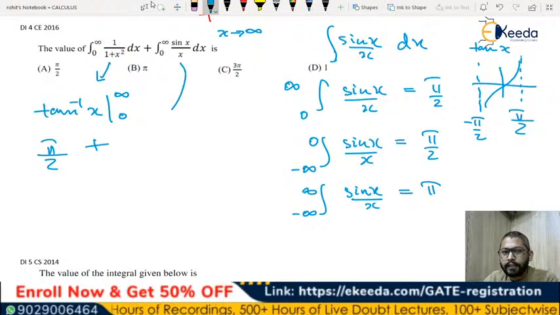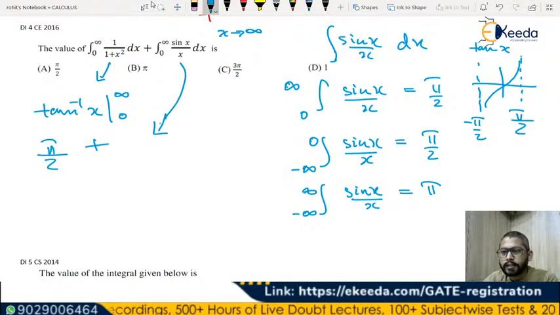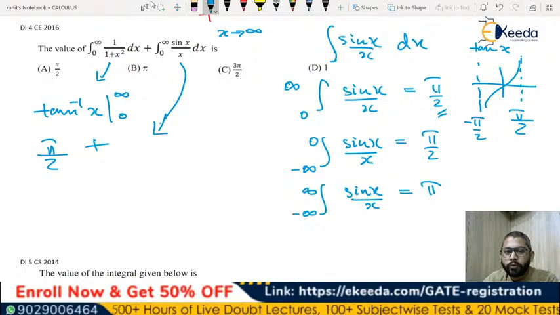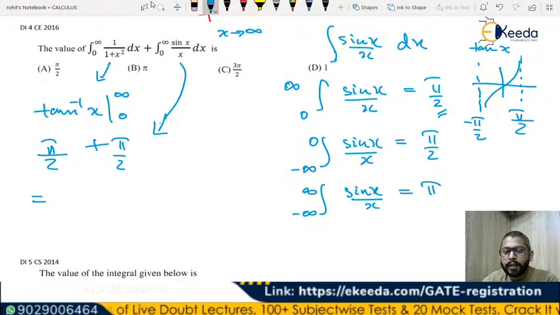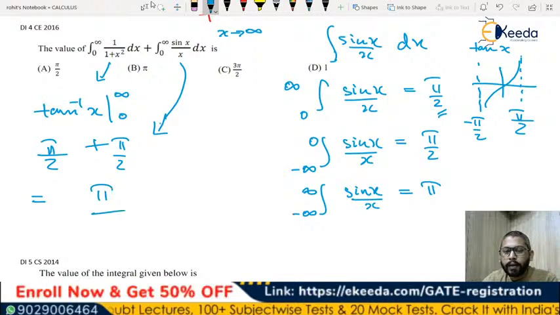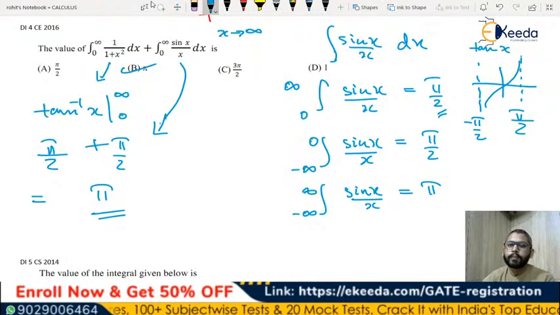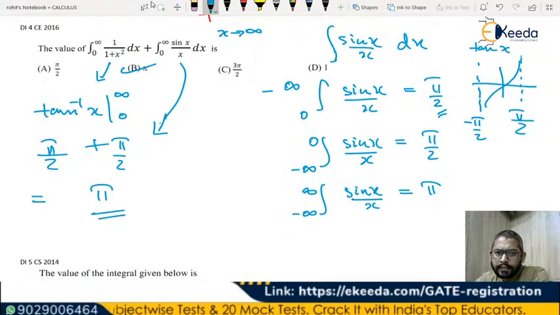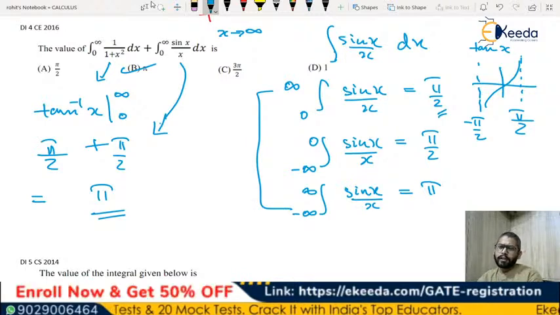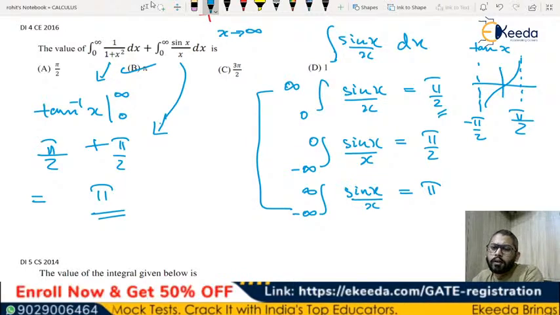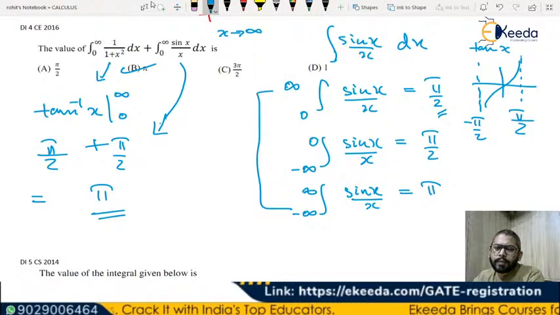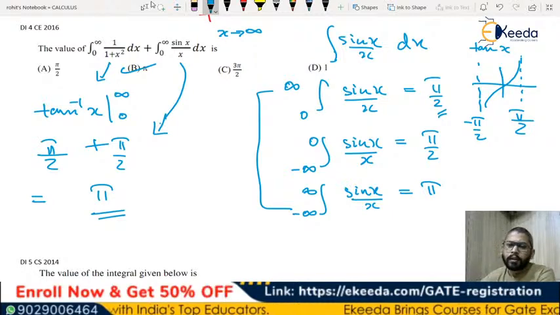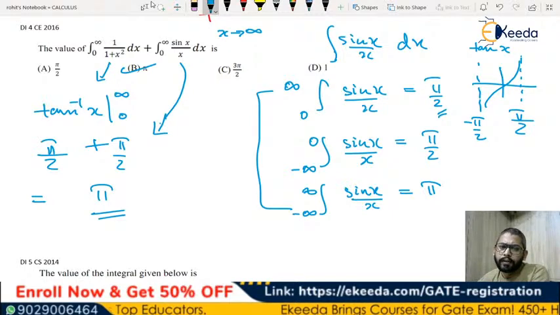And this result which we are directly using is this one, pi by 2. So this is pi by 2 and pi by 2, overall pi. So B is the answer. You can use these results directly. Of course, you can find it, and using Laplace transform will be the best method to find the integration. But we can keep it aside now.